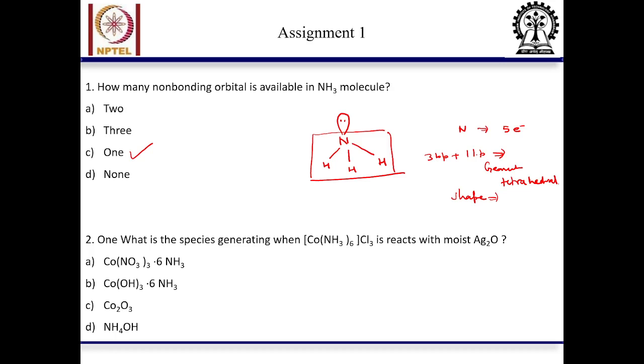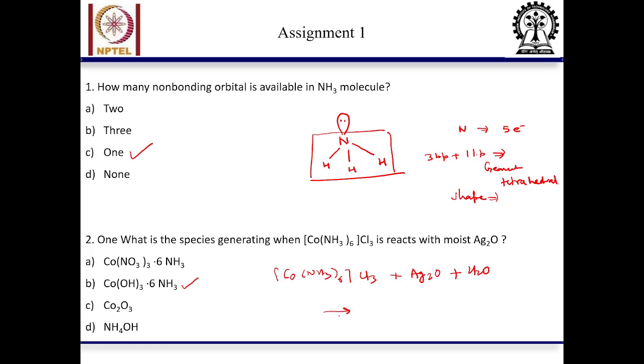Okay, so let me explain. So the answer is B. How? We have Co(NH3)6Cl3. So we have Ag2O plus moisture, H2O.